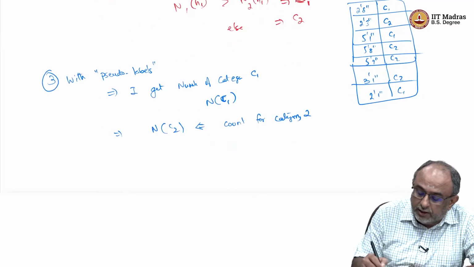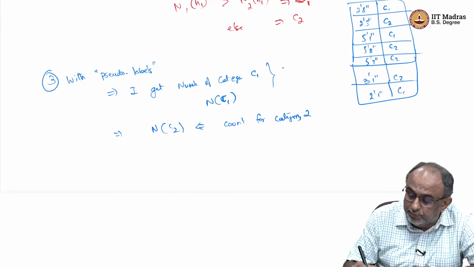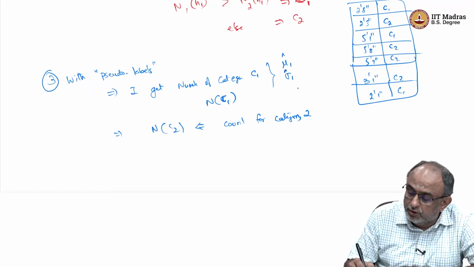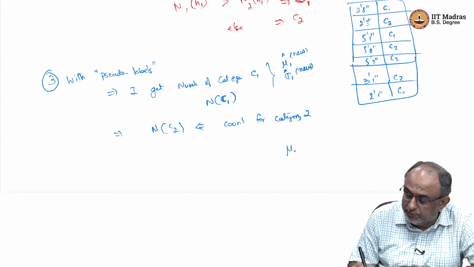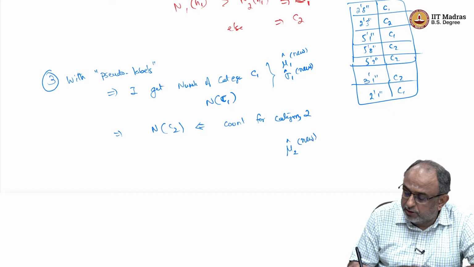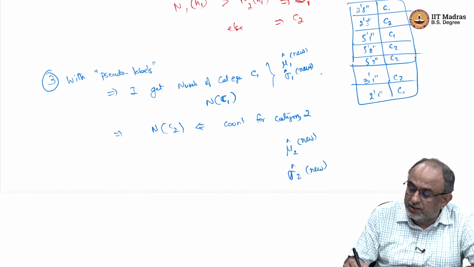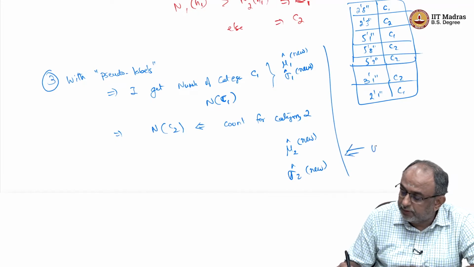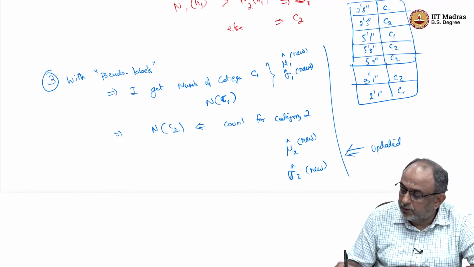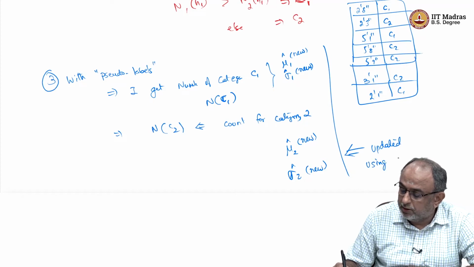And then I can also find mu 1 and sigma 1, but these will be updated now. This is the new value, and similarly mu 2 new and sigma 2 new, which are updated using the category information found in step 2.